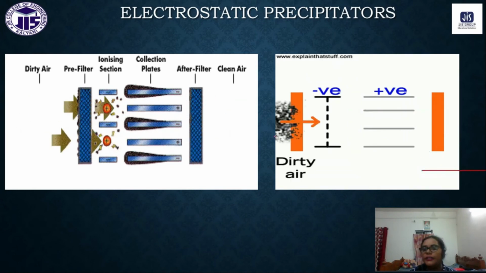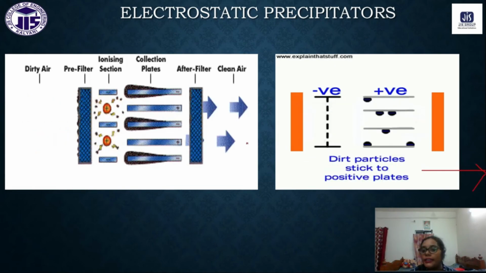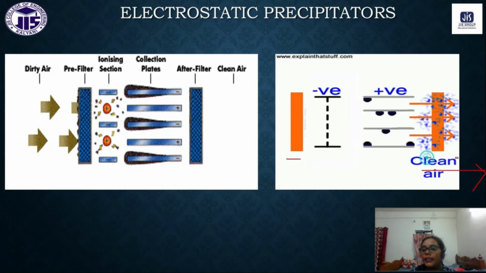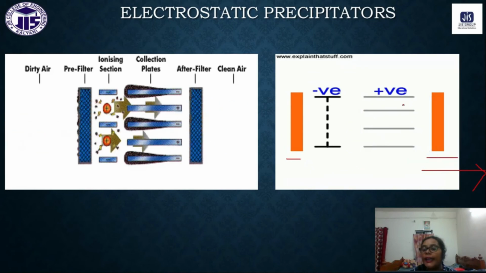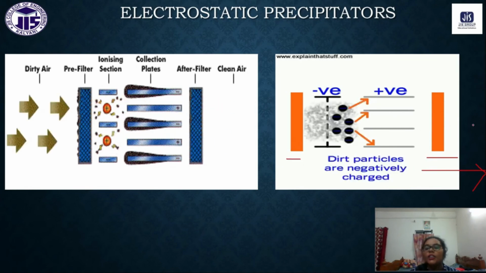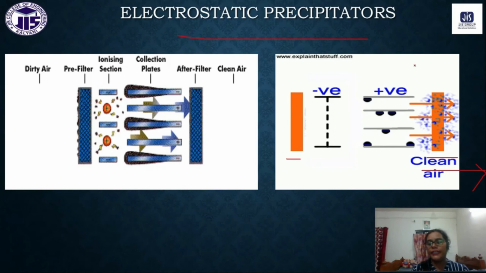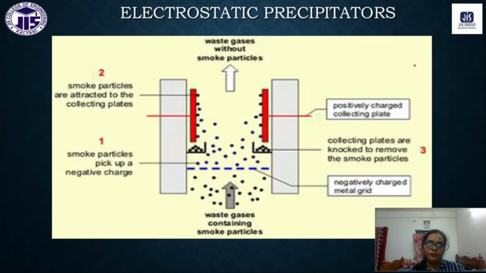From this outlet we can get the clean air, understand? So in between these two electrodes, a high electric field is applied, understand? So this is the working principle of the electrostatic precipitator.